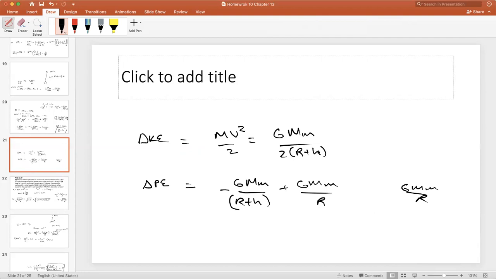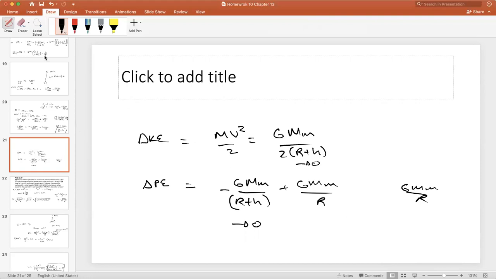But for really big H's, this whole term goes away, but we're still left with GMm over R. So essentially this goes to 0. And this goes to 0. So for very far away distances, the change in potential energy is where all the work has to be done, not the kinetic energy.